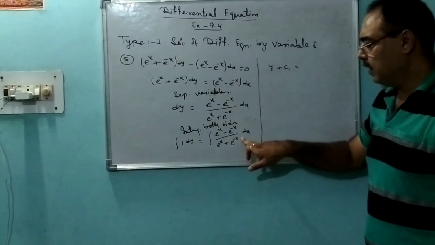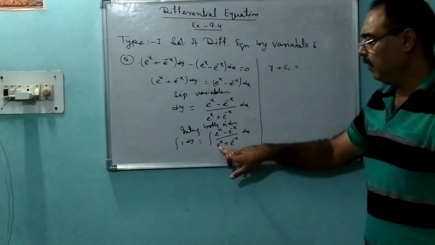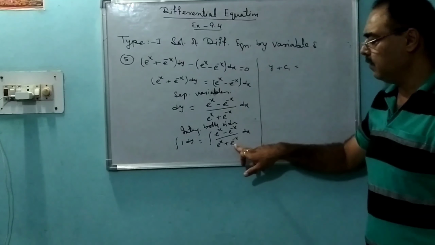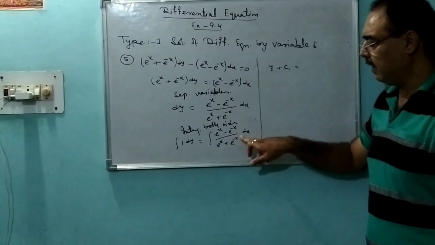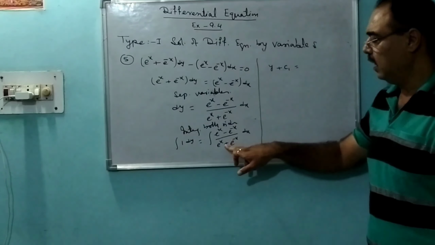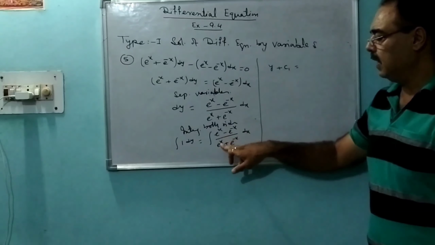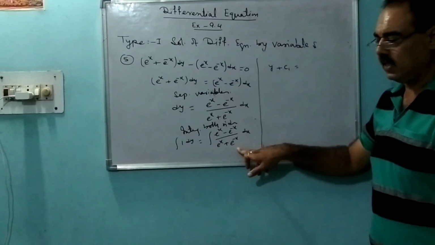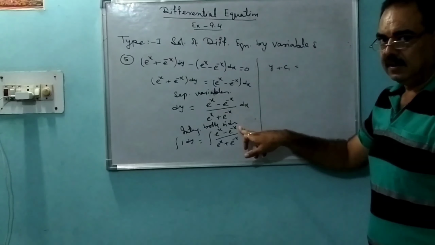What is the derivative of this one? Derivative of e^x is e^x. Derivative of e^(-x) is e^(-x), and further the derivative of minus x is minus 1. So the derivative of this becomes e^x - e^(-x). That is this one.